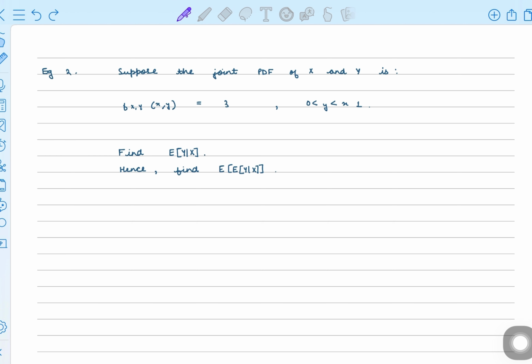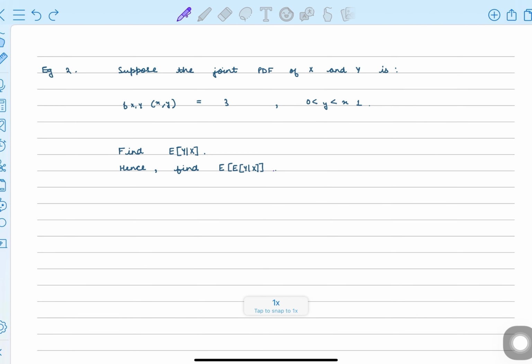Now, let's look at the continuous example. Here, we've been given the joint PDF, and again, we're asked to find the same quantities. We start with the first part.